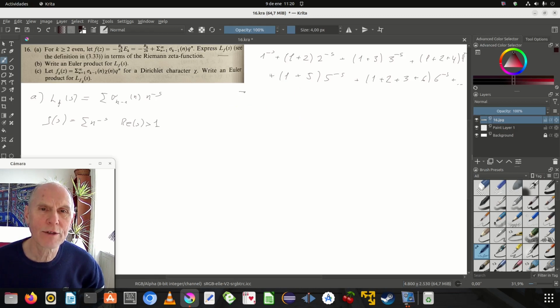So first it's the sum of n to minus s plus, and then all the even ones they become blue. They have a divisor 2.